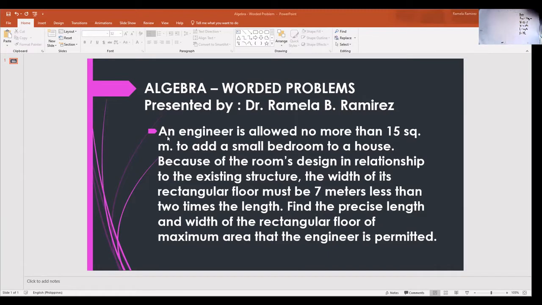In solving worded problems such as this one, it is essential that you know how to translate the different phrases into mathematical equations. It's important that you know how to interpret the different words or phrases in the worded problem into a mathematical equation.